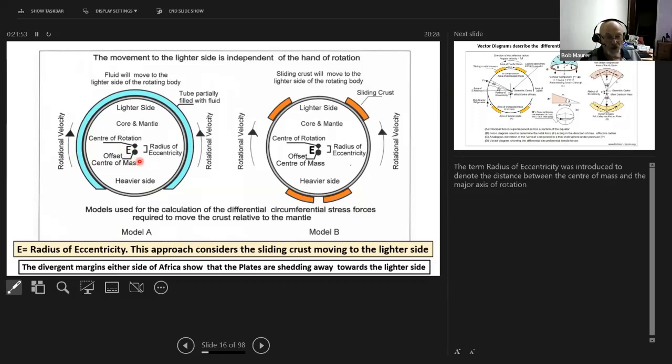There you put an offset center of mass, and the water will go from the heavier to the lighter side. I actually did an experiment for this. I don't know if you can see this, but I all but broke my hands. Here's the lump of offset mass. There's the center. There's the tube full of water in it.